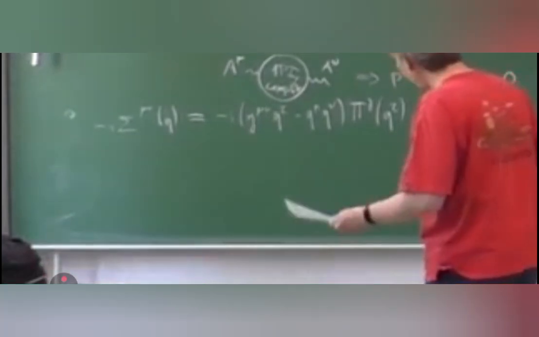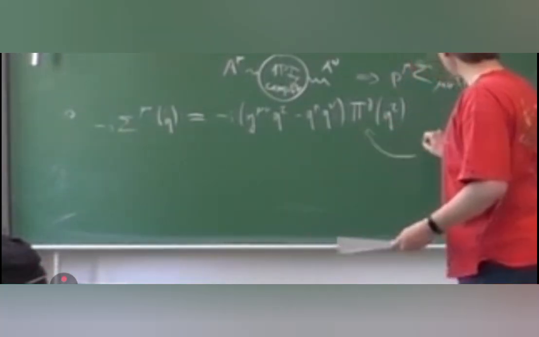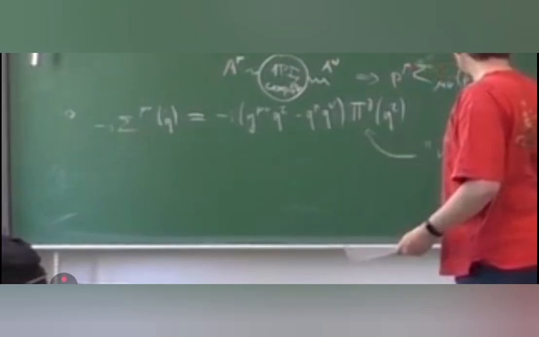And this Π^γ(q²) is called the vacuum polarization. So it is a very important object.